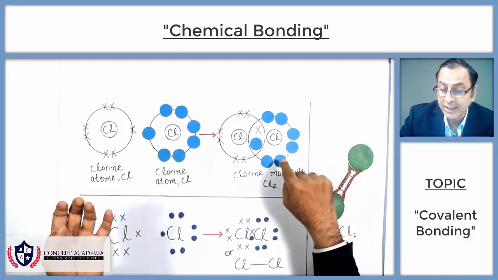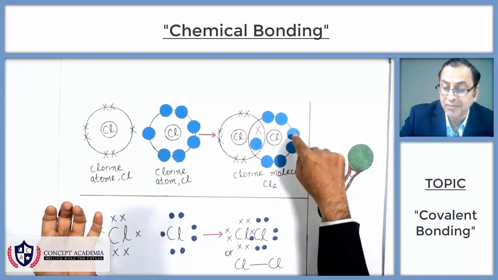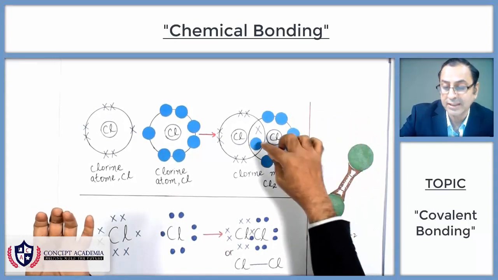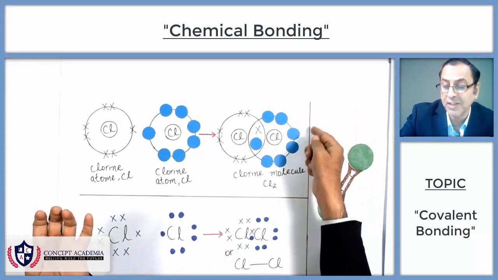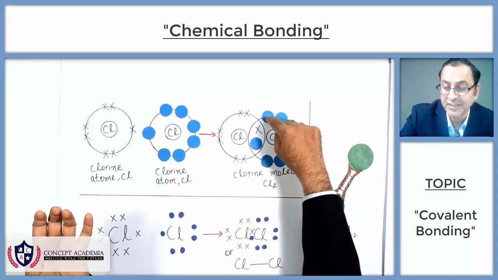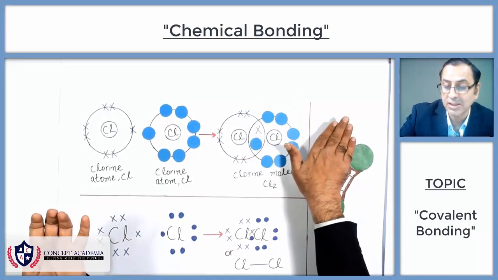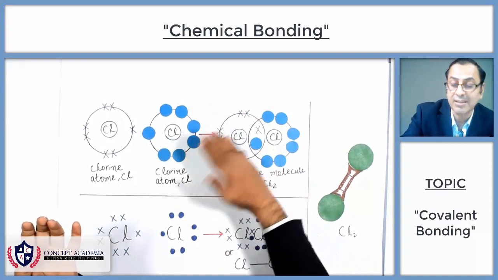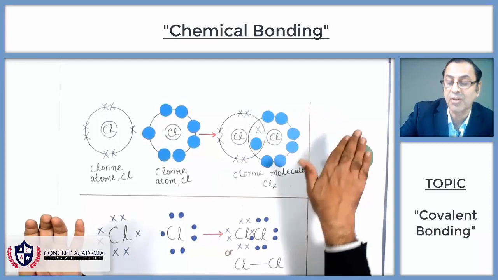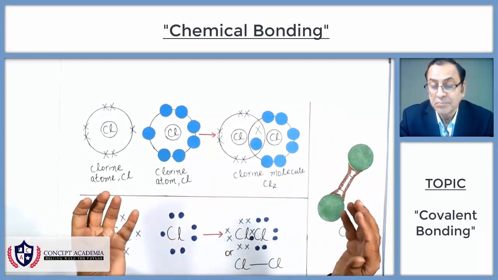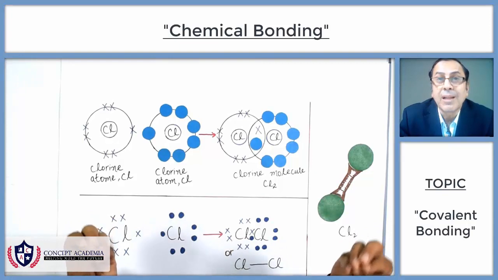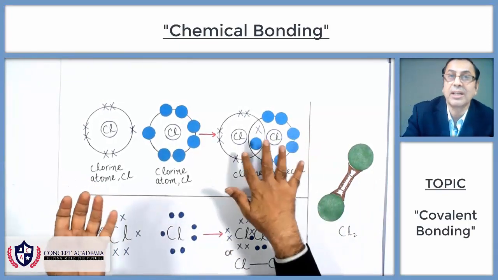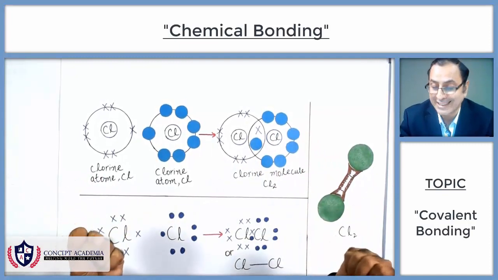And this chlorine is having 1, 2, 3, 4, 5, 6, these 6 electrons of this chlorine, and these 2 electrons are counted for both of them, so 1, 2, 3, 4, 5, 6, 7, 8. This chlorine has got 8 electrons, this chlorine has got 8 electrons, and in this way the last shell electronic configuration, like the noble gases, is attained. Both of the chlorines have got an octet to get stability.